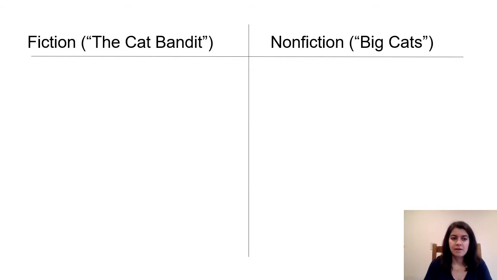Okay, so we're looking at a T-chart. On one side we have fiction, where we'll talk about the Cat Bandit, and on the other side we have nonfiction, where we'll talk about big cats. Thinking back to the Cat Bandit, what can you tell me about that book and that story? What makes the Cat Bandit unique? You're not necessarily thinking about what happened in the story, just what do we know about that book and how it is written?